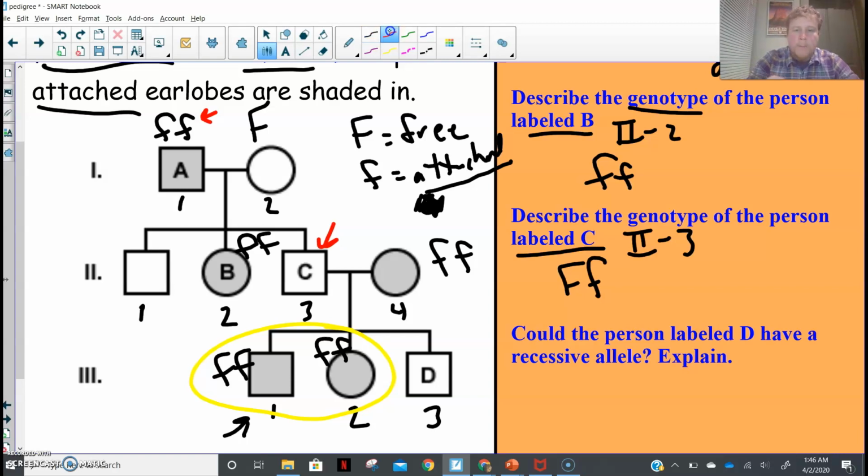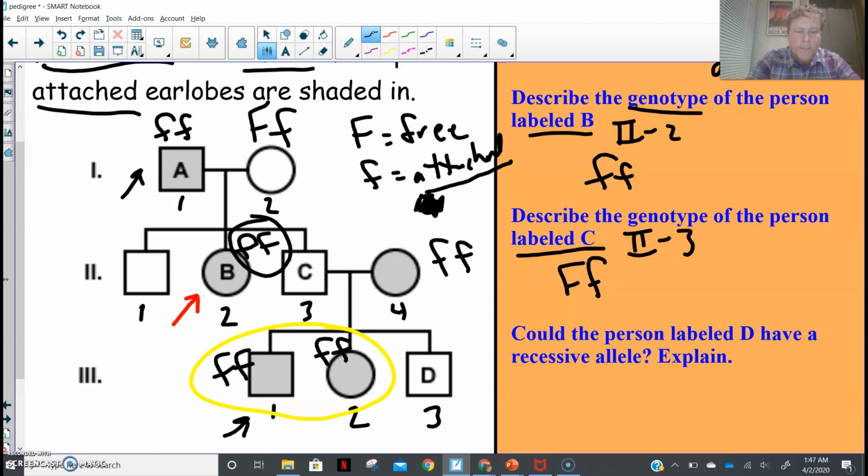However, let's look at person 2-2. Person 2-2 has the trait, which means that they have two little f's. So how could we get two little f's? Well, mom and dad had to give one. Dad obviously gave one here because that's all he has to give. But mom had to have a little f to give in order for their kid to have two little f's, one from each parent. So that's how we can tell that.